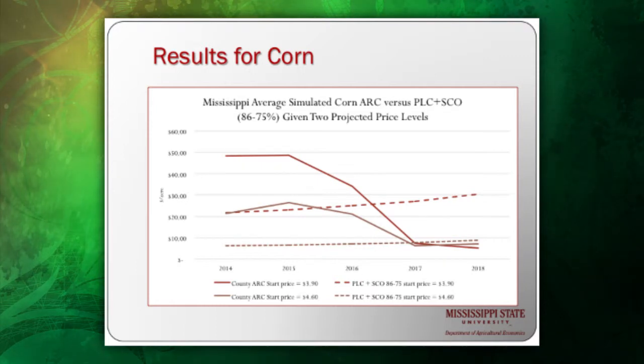The bottom line is that there are scenarios where corn PLC payments would exceed the ARC payments in out years. And you also can see from this slide that there is a pretty significant difference in where we start the program in terms of expected price levels. So the story changes quite a bit when we go from a starting price of $3.90 or $4.60.